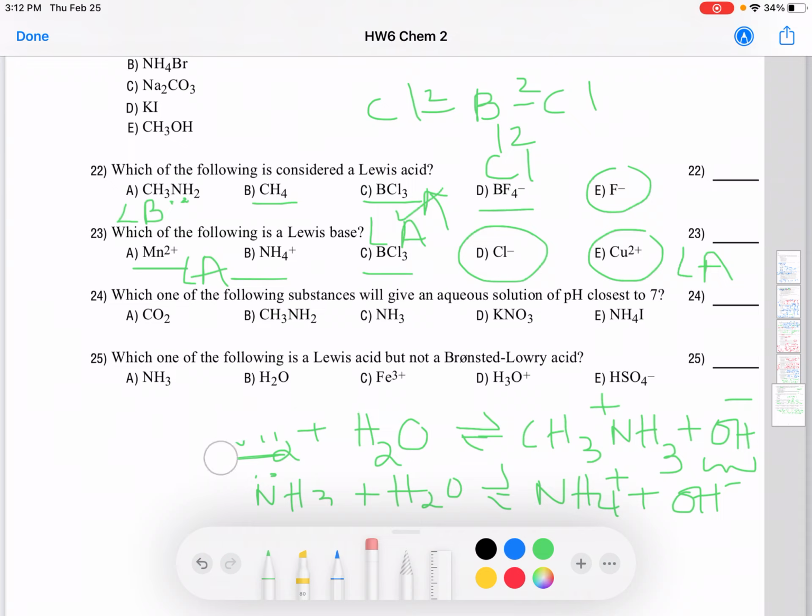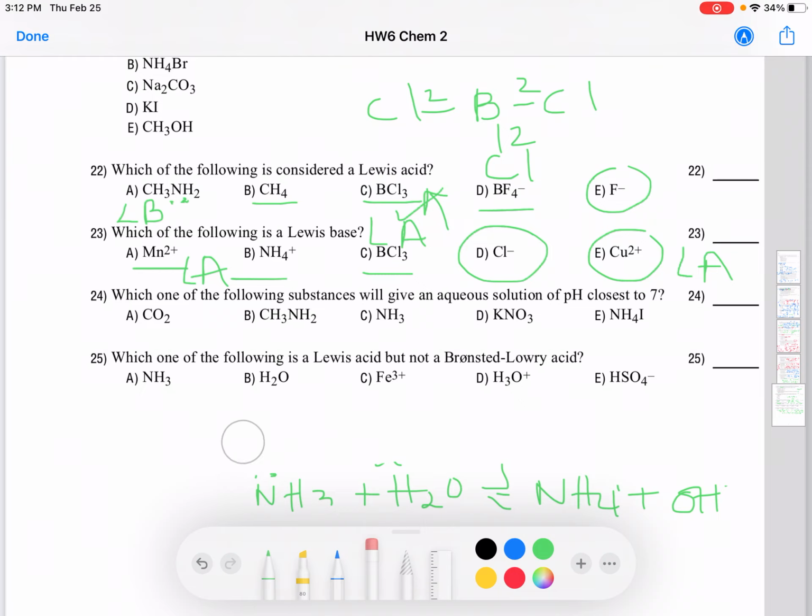What about potassium nitrate? We talked about a similar one before. Potassium nitrate, KNO3, gives you potassium ions and nitrate ions, right? So this is a salt made from a strong base, potassium hydroxide, the cation from a strong base, and the anion from a strong acid.